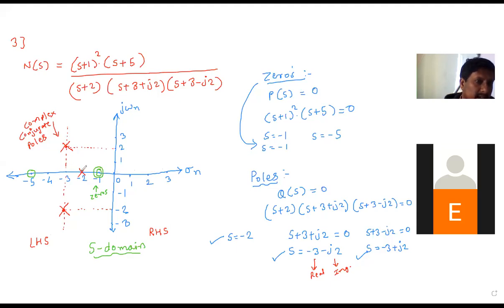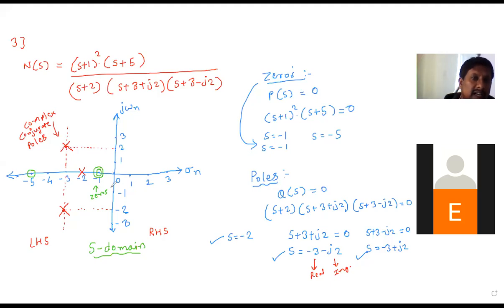If poles and zeros are on the left hand side, then the system is stable. What do I mean by that? I am telling you, if the poles, especially poles, are lying in the left hand side of the S domain, then the given system is stable.